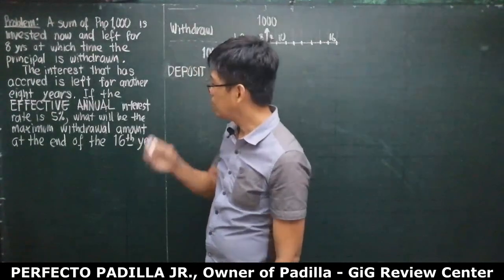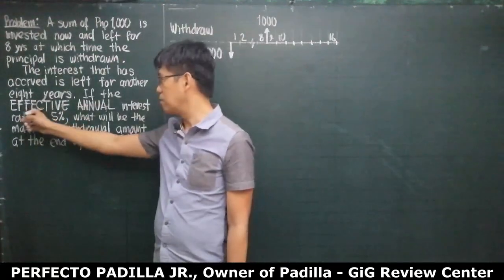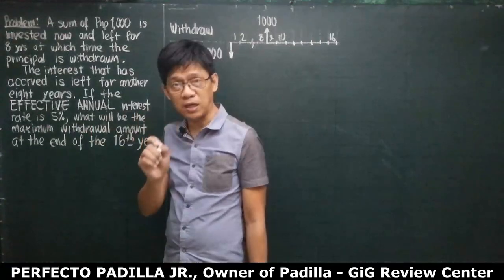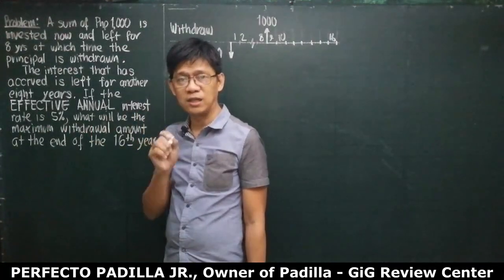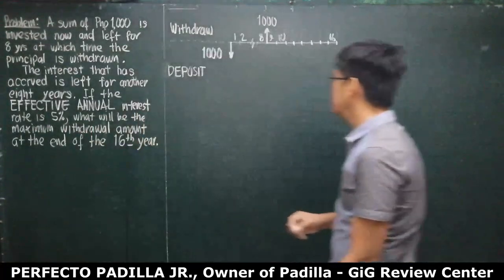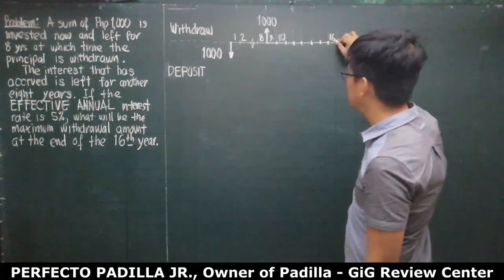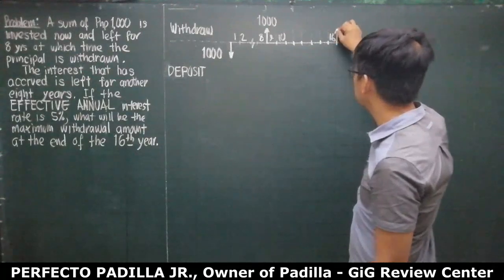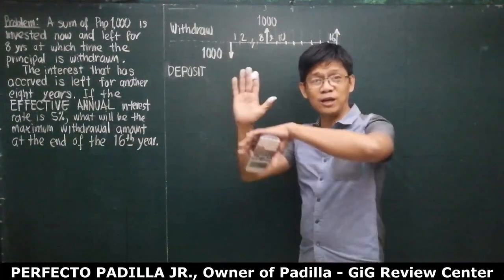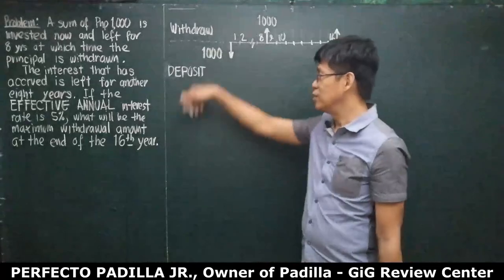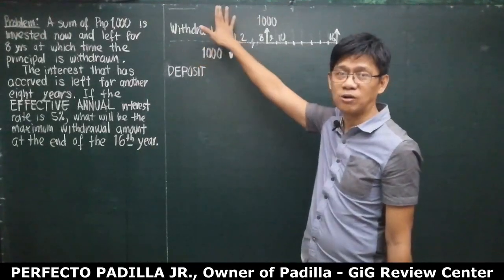Okay? So, pag sinabi nating effective annual, that is per year, compounded yearly. Ha? Okay. So, ang unknown dito, yung withdrawal. Ilagay mo lang sa opposite side, no? Yung deposit, ito withdraw.